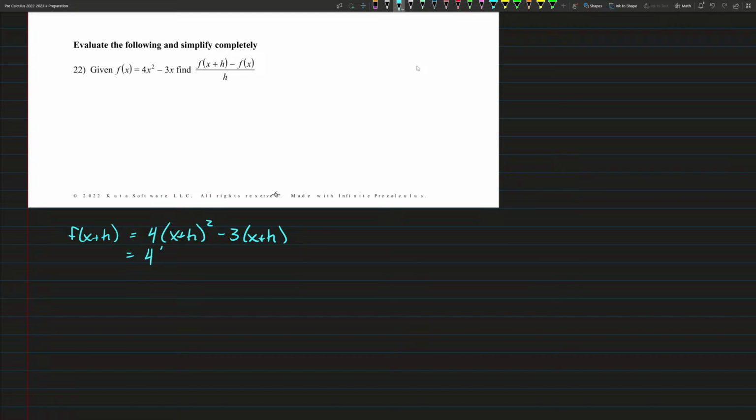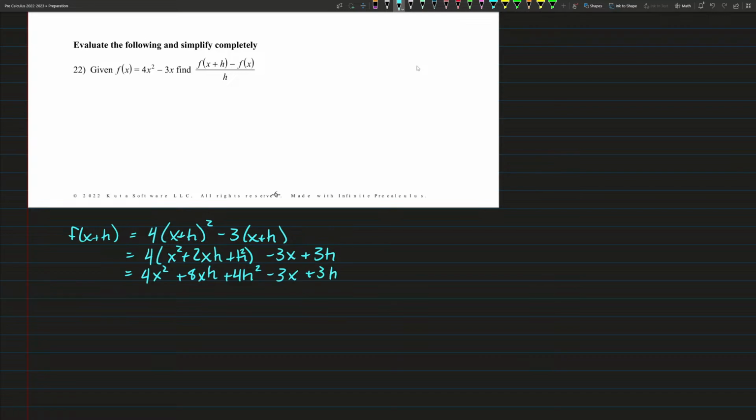which is equal to 4 times x squared plus 2xh plus h squared minus 3x plus 3h. So we get 4x squared plus 8xh plus 4h squared. There should be a squared there and not right there. Minus 3x plus 3h.